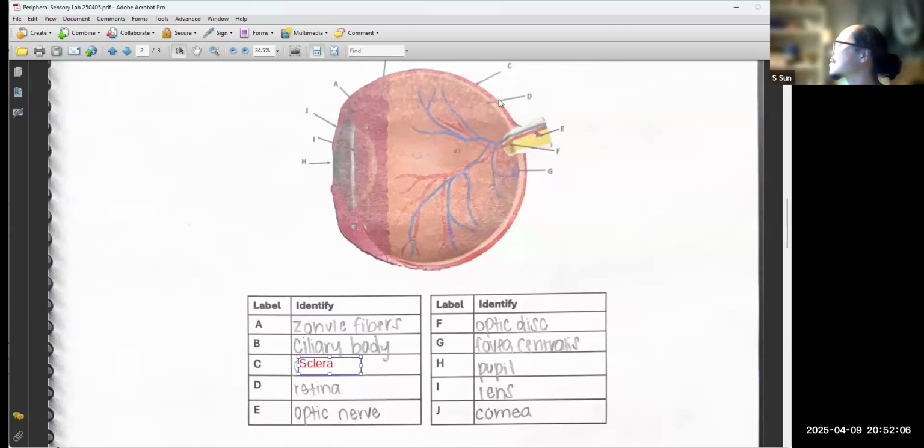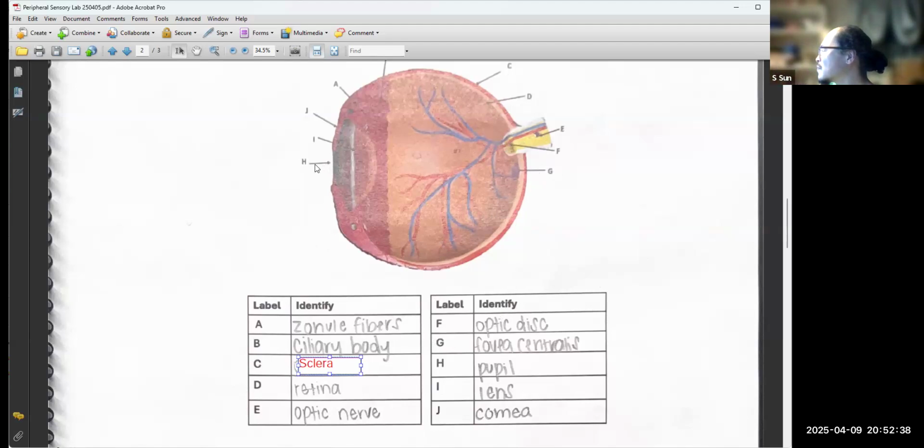All right, so let's see. D, this layer, I think is the retina. Yes, D is the retina, and this pink portion will be the choroid. It doesn't really show here. E is the optic nerve, so that's correct. F is the optic disc. We don't see the disc in this view, but with the fundus image we can see the optic disc.